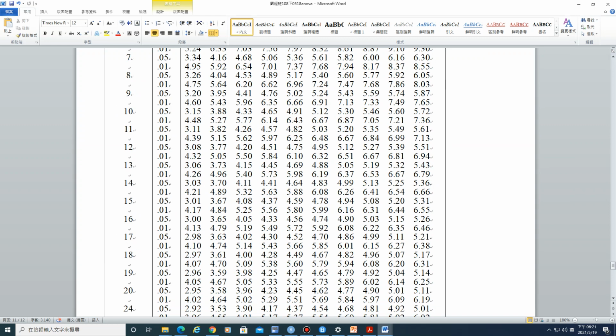For 0.01, it will be something else. Now remember, this table is not in the book, but it's on the internet everywhere, so you get to find it. You don't have to worry about it.